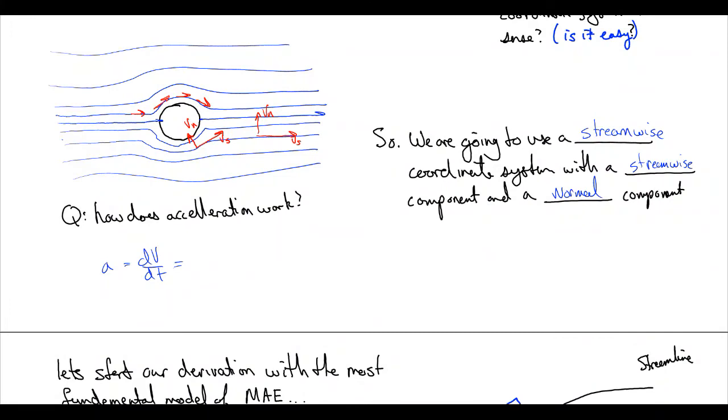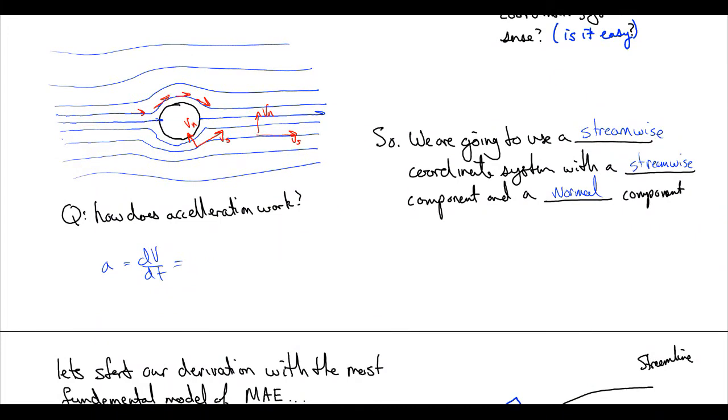Chain rule, I think. Correct me if I'm wrong in lecture. But we're going to use the chain rule to break this up to dv ds and ds dt, right? And now the important part is ds dt is our speed along our streamline per time. So this is just our velocity, right?